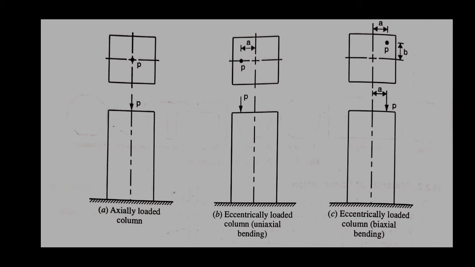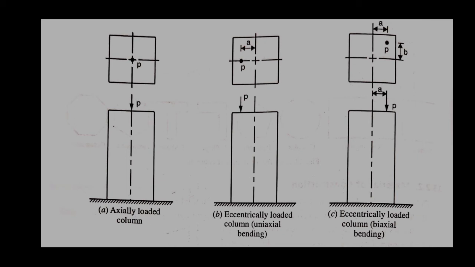The column which is subjected to loads acting along the longitudinal axis or centroid of the column section is called an axially loaded column. Axially loaded column is subjected to direct compressive stress only, and no bending stress develops anywhere in the column section.